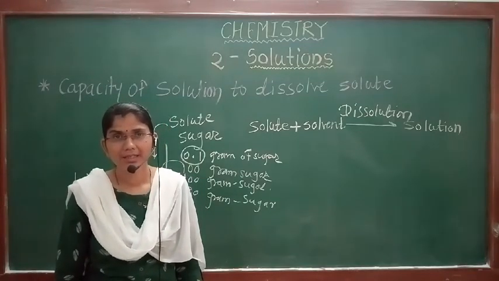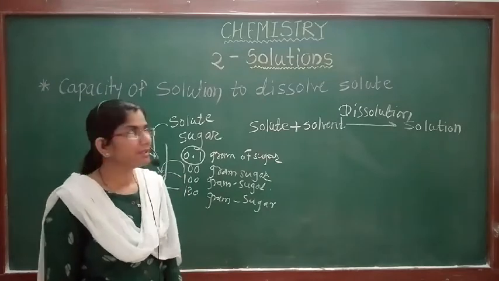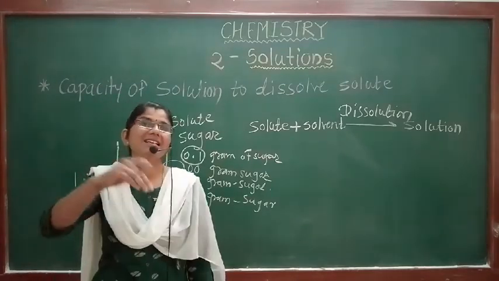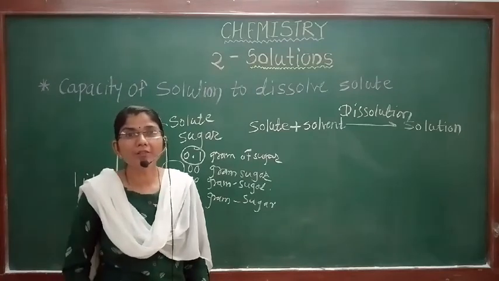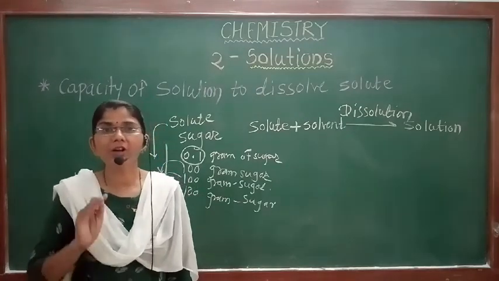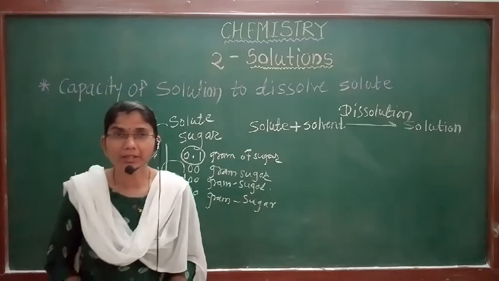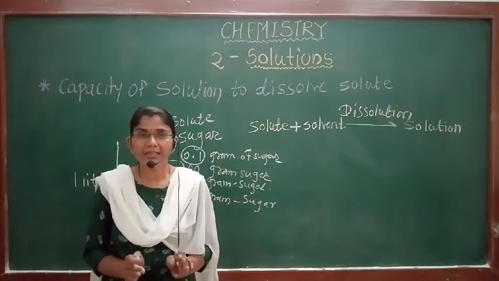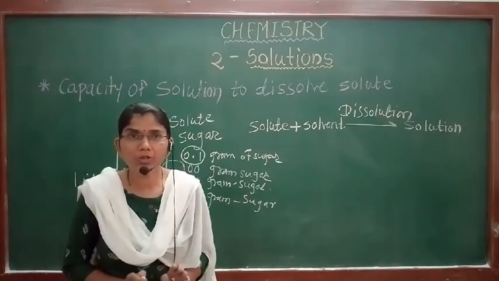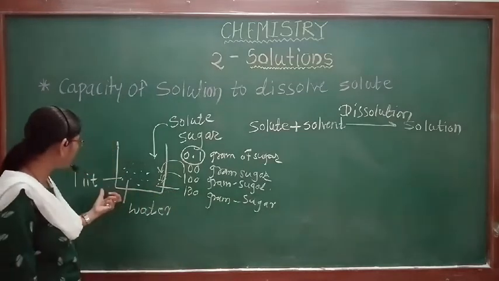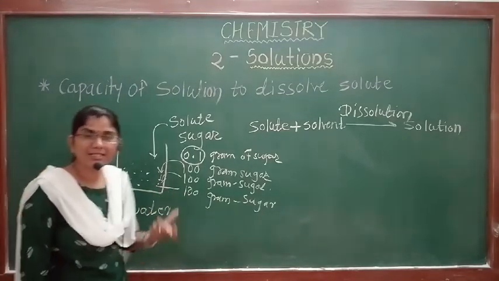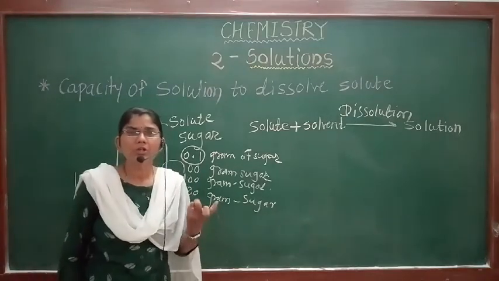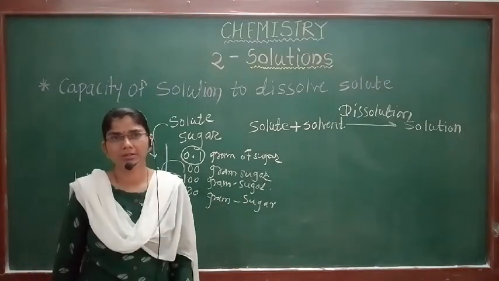That means here the crystallization takes place, because this is the capacity of the solution to dissolve a solute. Suppose the capacity of the solution formed by 300 gram of sugar in 1 liter water is the capacity of that solution to dissolve a solute.